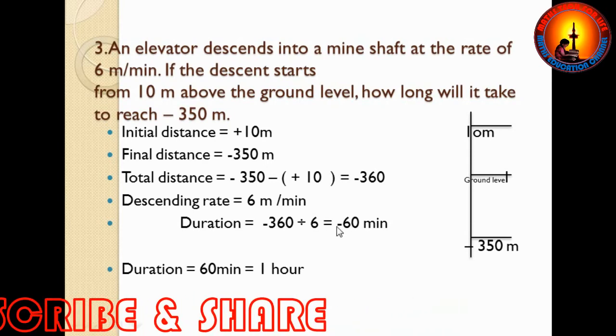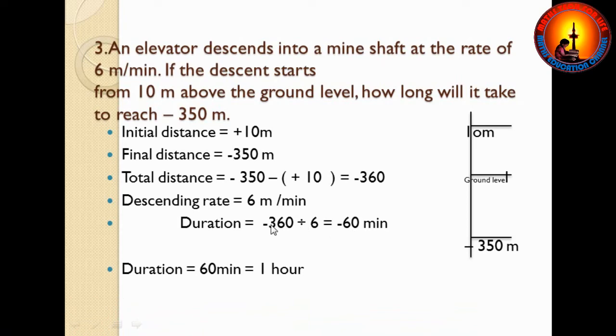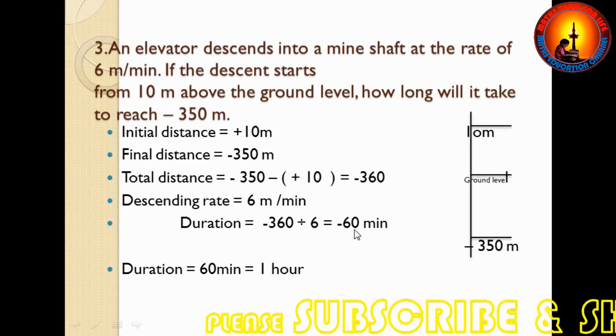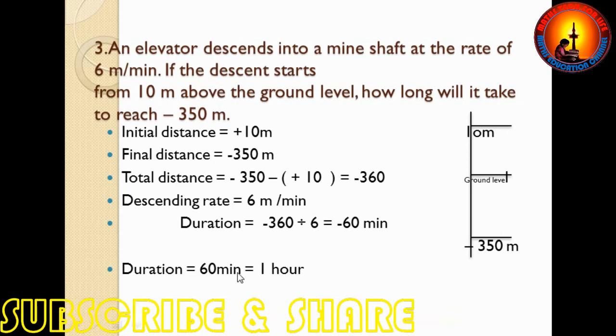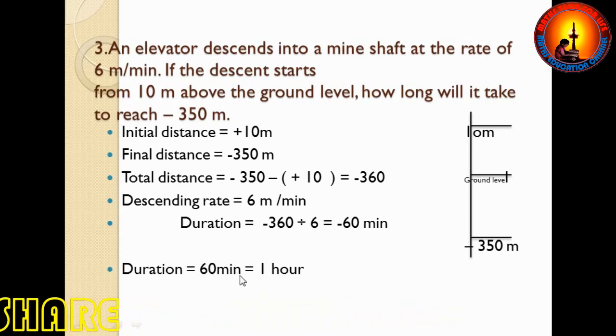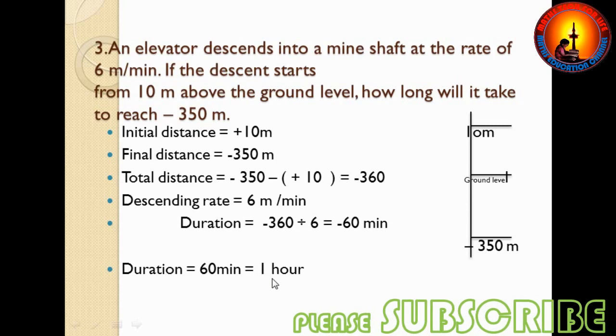Here we get negative 60 because a negative and a positive number divided gives a negative answer. But always we take time as a positive quantity. So you have to take the duration as 60 minutes instead of negative 60 minutes. 60 minutes only. We know 60 minutes equals 1 hour. This is the final answer.